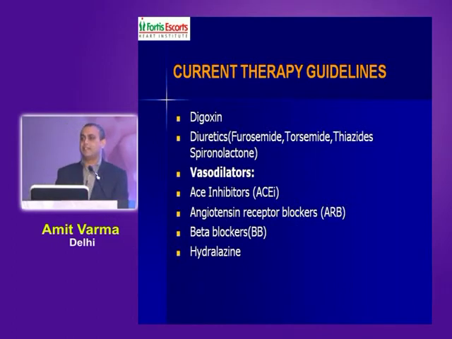Now, the current therapy guidelines, and most of you would be practicing it in your units, use either digoxin, chronic use of diuretics, or vasodilators, which include ACE inhibitors, angiotensin receptor blockers, beta blockers, and hydralazine. This is the usual pharmacopoeia that we deal with.